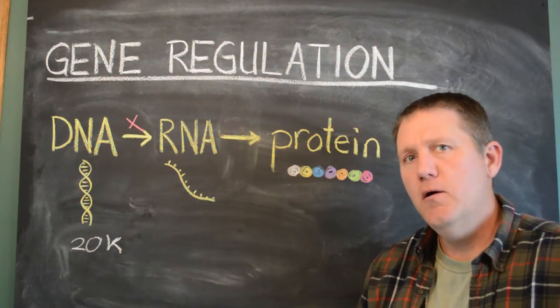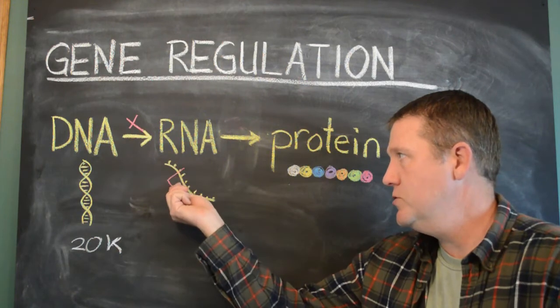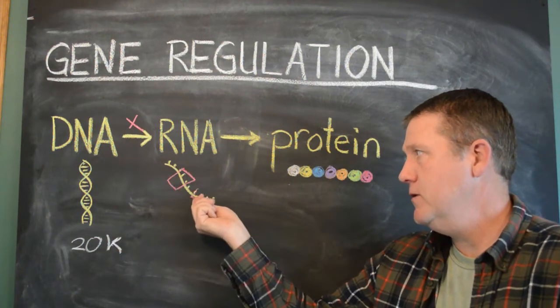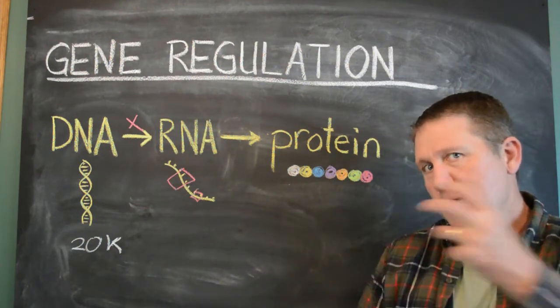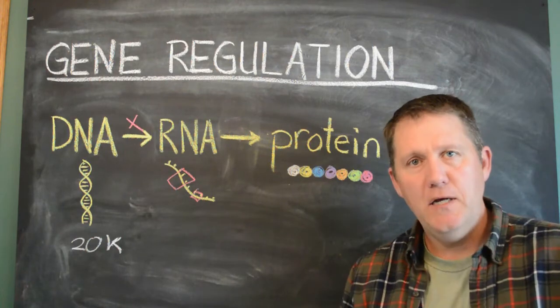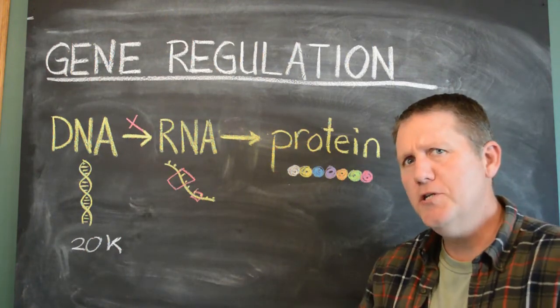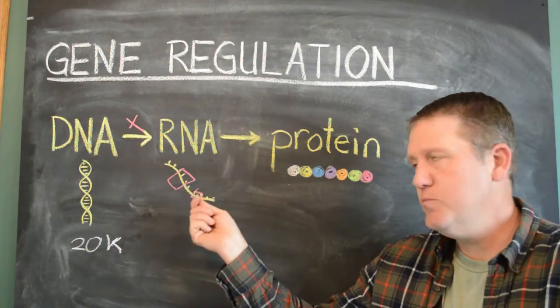Remember when we got RNA just fresh off the press and we had those little bits, those segments that were introns and exons? We had to cut out the introns and then ditch them. Well, that actually provides us the opportunity to do some weird stuff. It's called alternative splicing. So that cutting out was splicing.